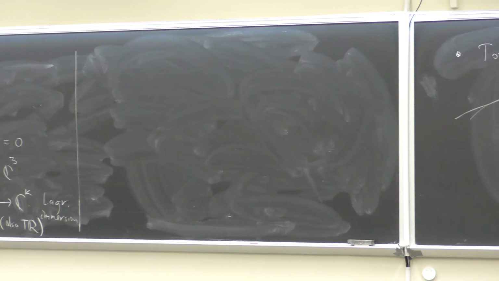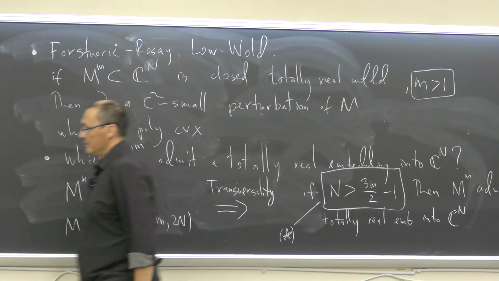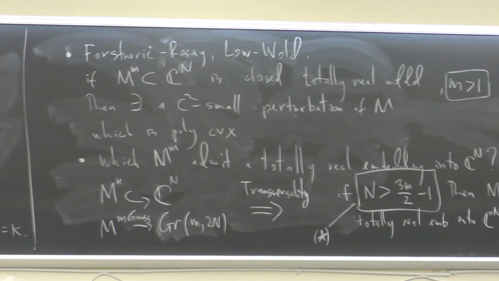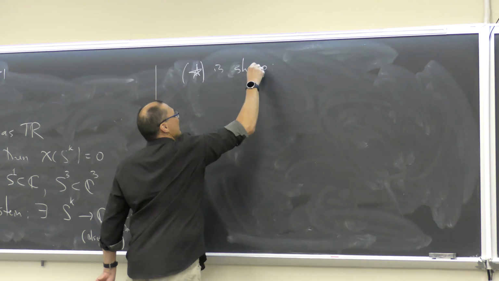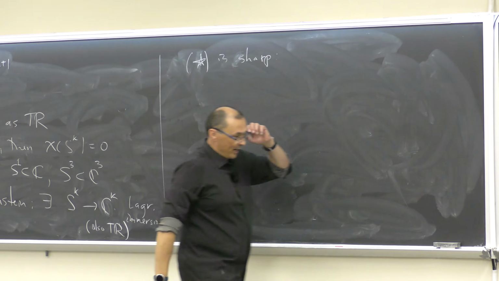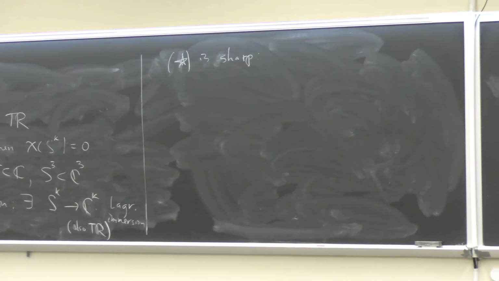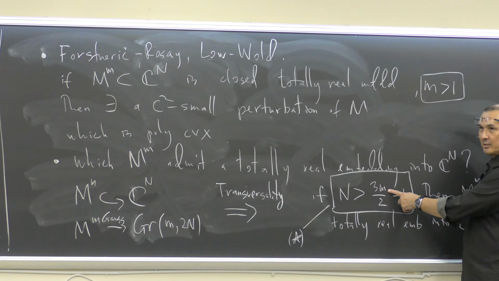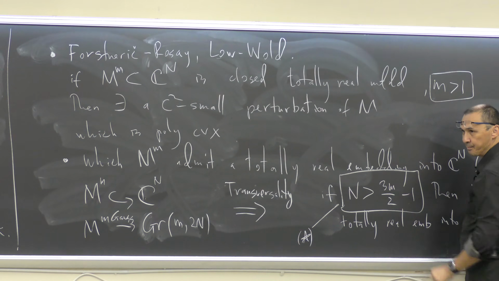Okay, and another thing that I probably want to mention here is that this, let me call it formula star, this formula star is sharp in the sense that for any m and n that do not satisfy this inequality, you can find an m-dimensional manifold that does not admit a totally real embedding into this C^n.